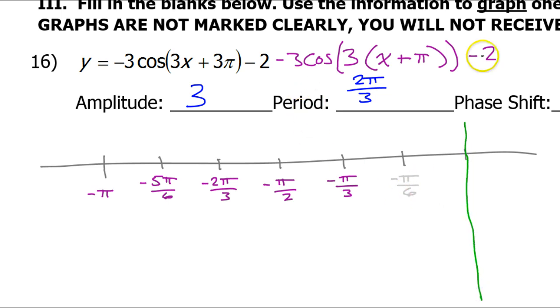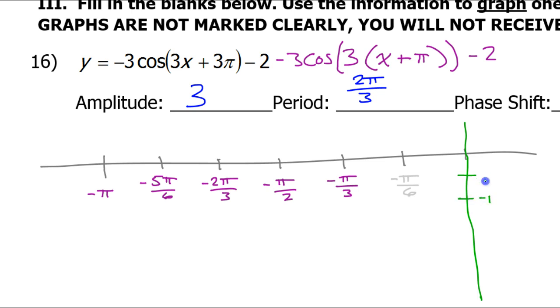Now I need my y-axis to mark off my vertical shift and to record my amplitude. Keeping that in mind, I have a vertical shift of negative 2. So I'm going to count my way down. So this is negative 1 and negative 2.